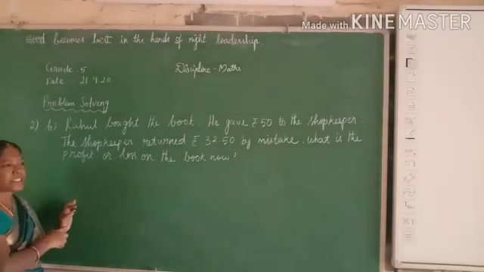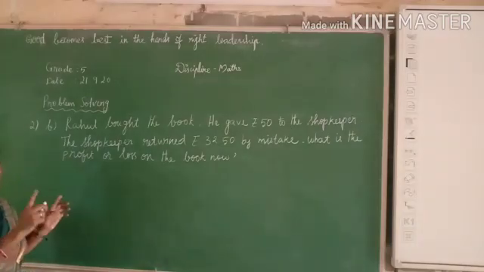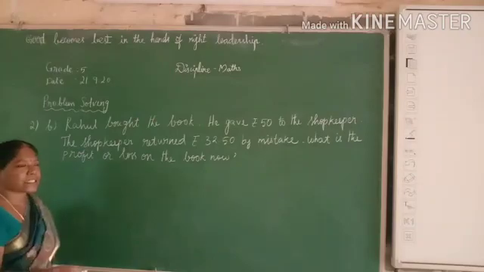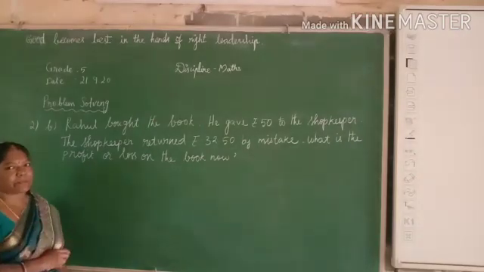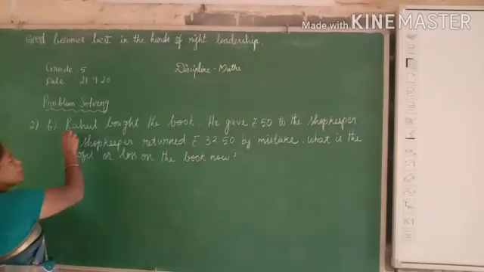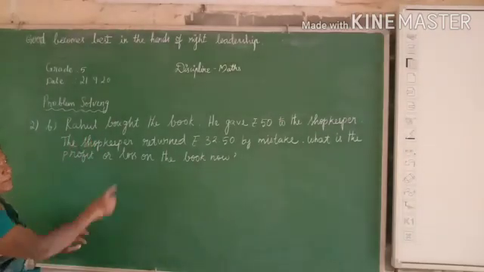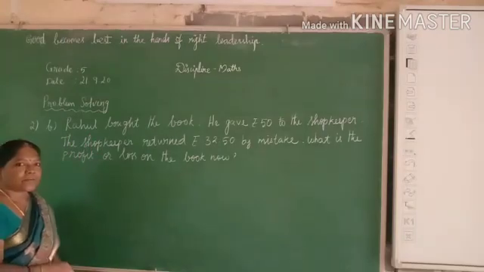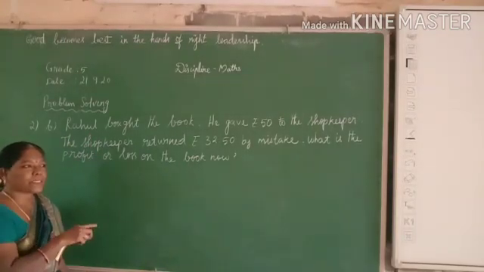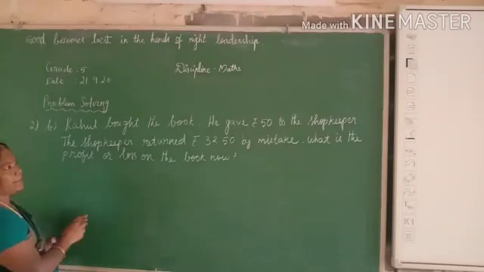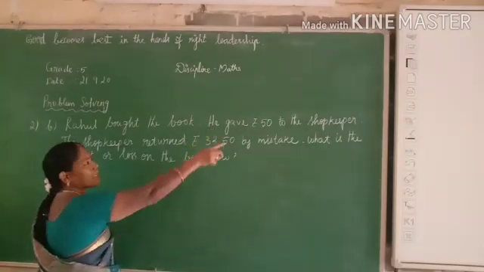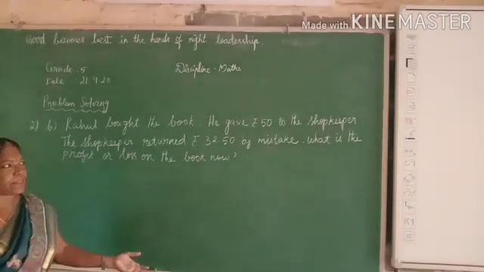Okay, the first question. So the cost price of your book is rupees 25. The shopkeeper sold the book at rupees 27.50. Rahul bought the book. So actual price 25, then bought at rupees 27.50. Now, what was given in the question? Rahul gave rupees 50 to the shopkeeper.